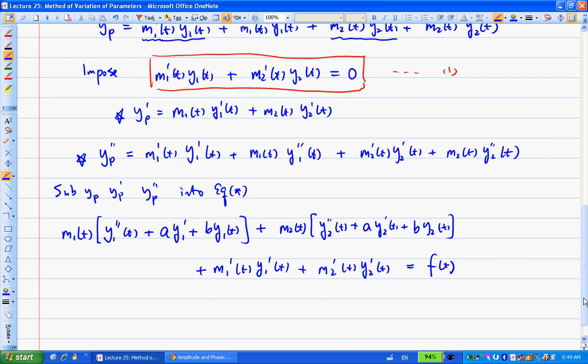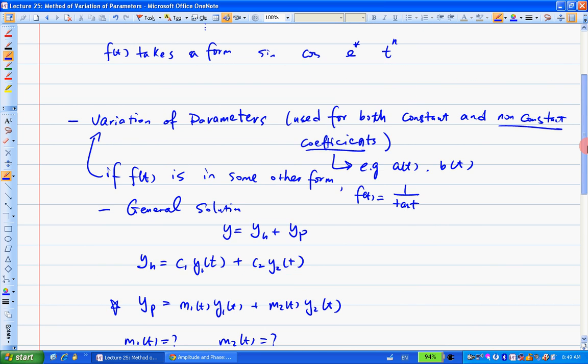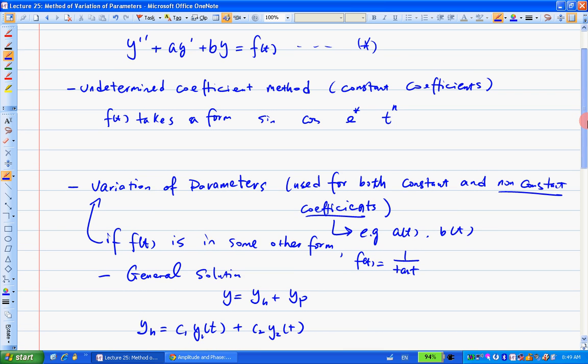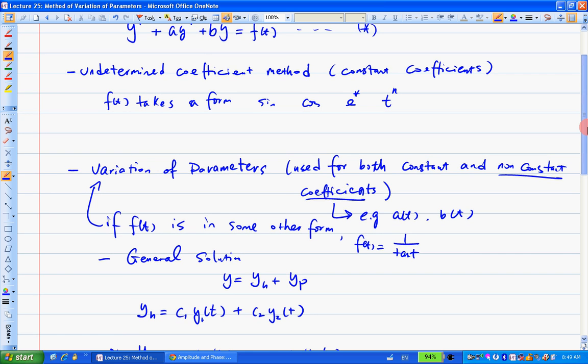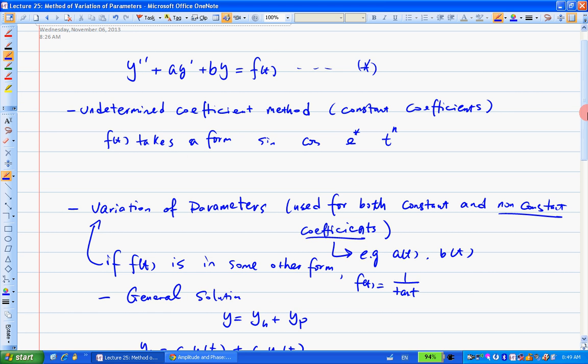Now let's observe these results. The first bracket is y1 double prime plus a y1 prime plus b y1. What does that give you? First of all, where are y1 and y2 from? They are homogeneous solutions, which means y1 and y2 satisfy the homogeneous equation.